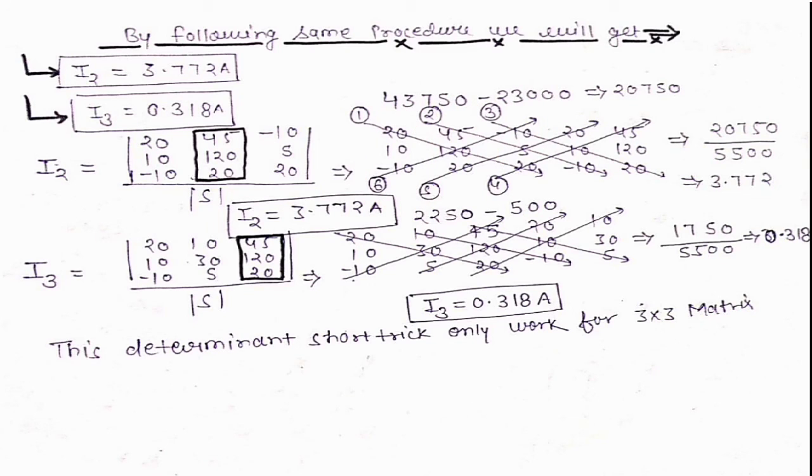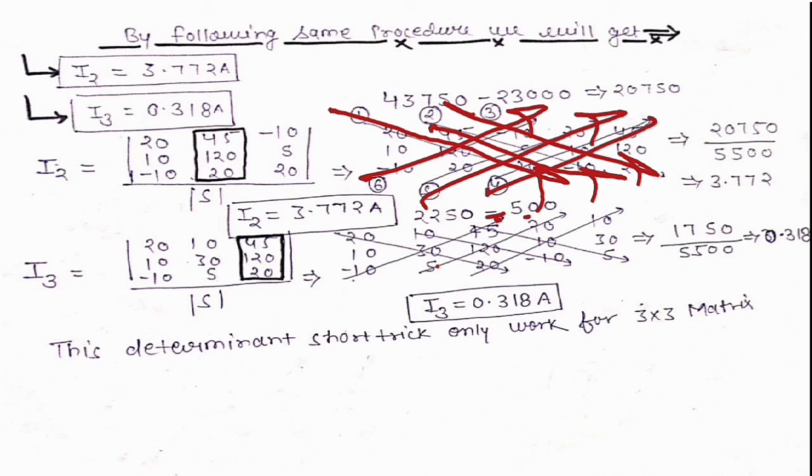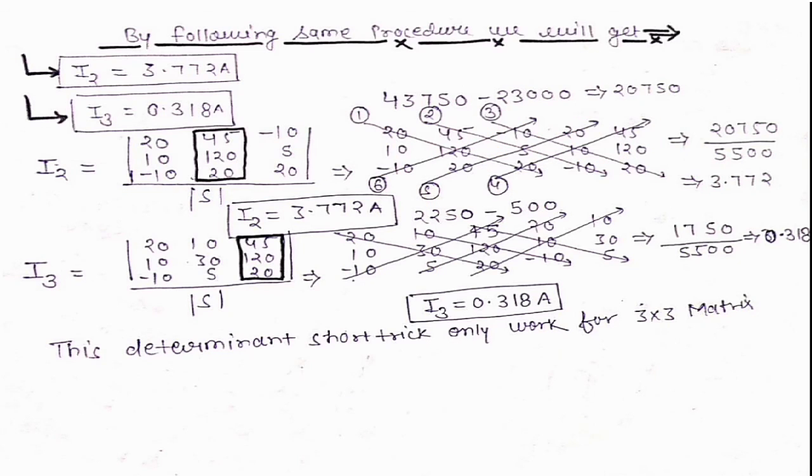Again we do the short trick method, multiply these three variables and add up this, and multiply these three variables and add up this, and then subtract from each other. For 43,750 minus 23,000, we get 20,750, and 20,750 divided by 55,500.